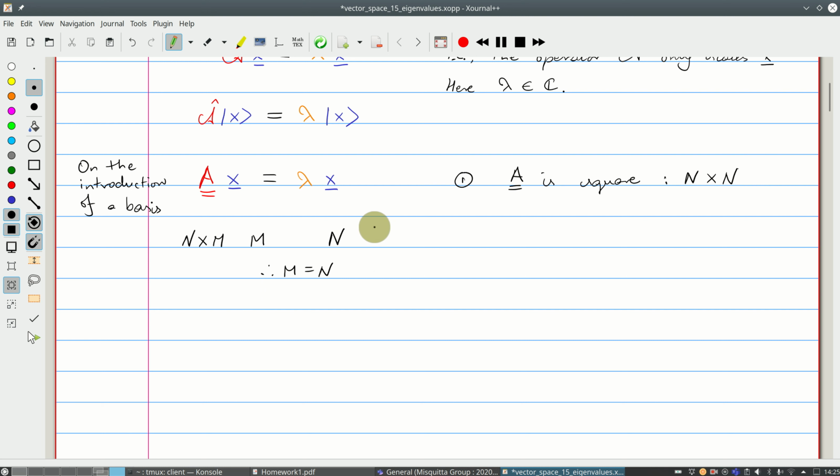The next thing is that x as given here is not unique, because if I took x and multiplied it by any scalar mu, and call this x prime, then mu x will also satisfy this relation. Let's see why.